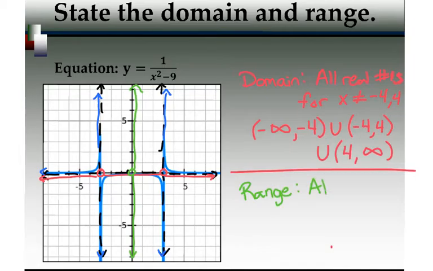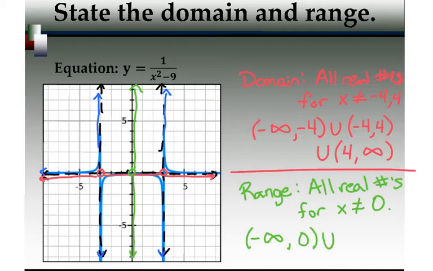It's all real numbers for y not equal to 0. And the way we're going to state that in interval notation, again, start with negative infinity, go to the point 0 that we're going to exclude, and then union it back up with 0 to infinity, and we're done.